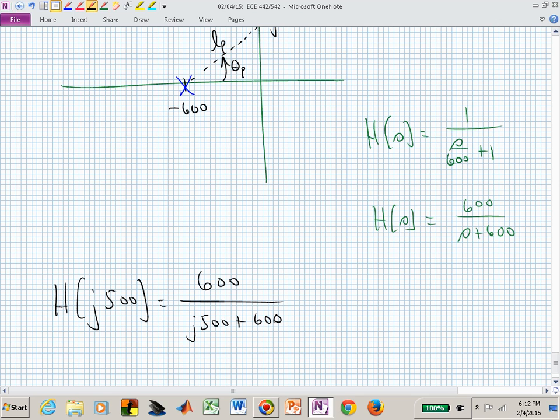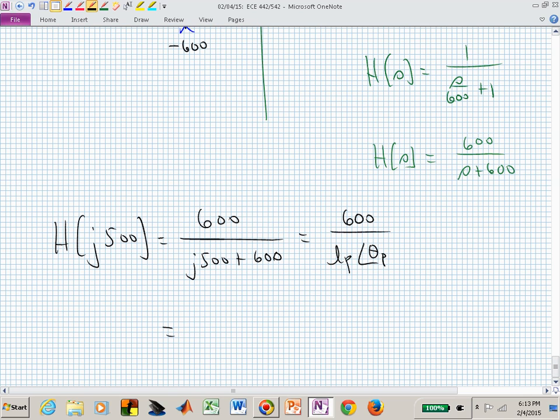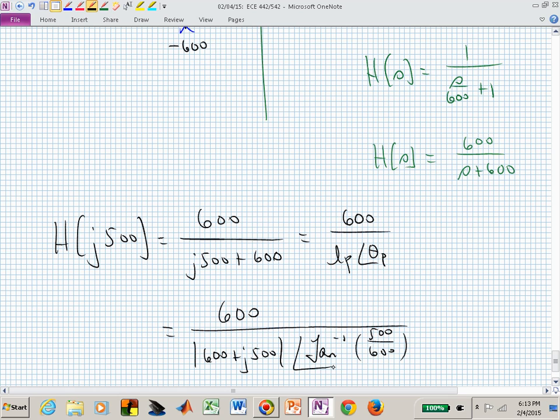And that length and angle are these L sub p's and theta sub p's. This is now 600 over L sub p at an angle of theta sub p, where L sub p is the magnitude of 600 plus j500, and the angle is this inverse tangent of 500 over 600.